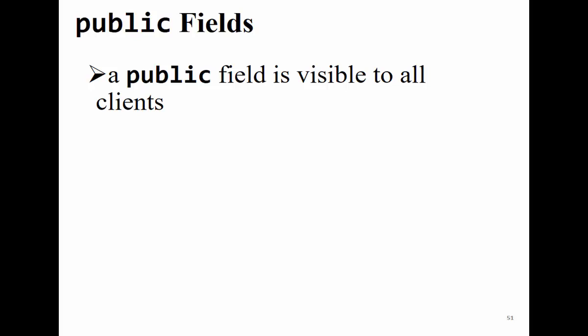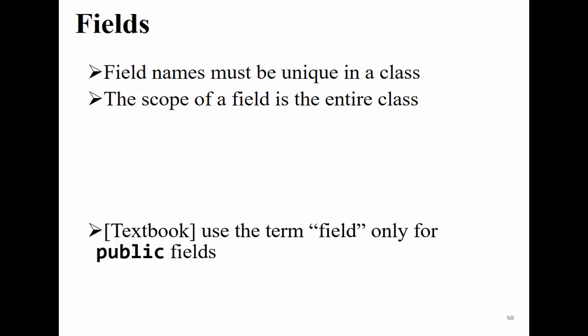Now, I just highlight this. Only the static fields are class variables. Non-static fields are called instance variables. I just highlight this so that whenever you go to the textbook on the Moodle, don't get confused, because it uses different terms.